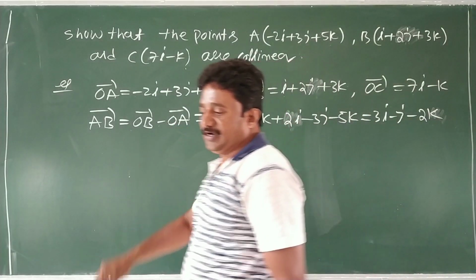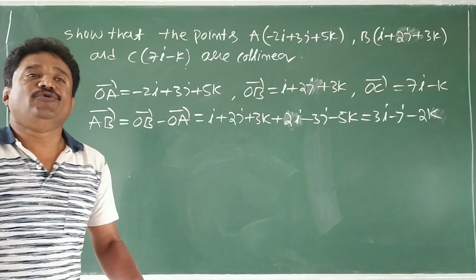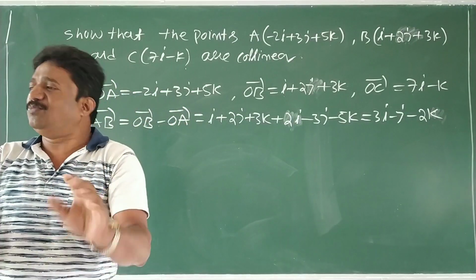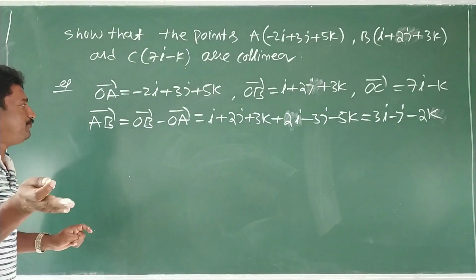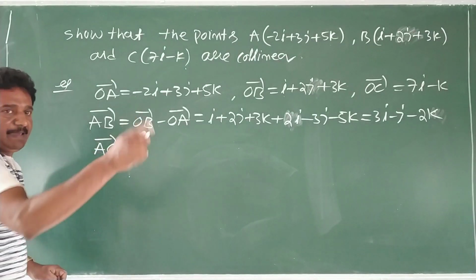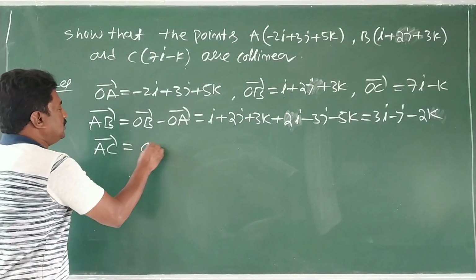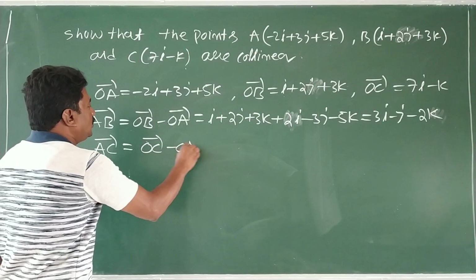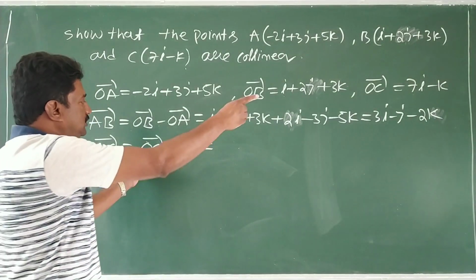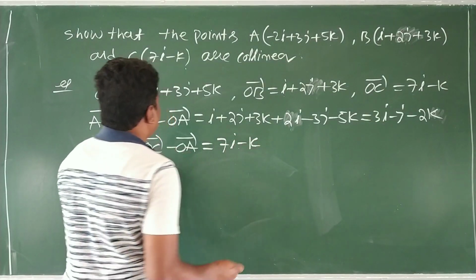So we found vector AB. Similarly, you find vector AC. You can find either vector BC or AC, both are correct. I prefer finding AC. What is AC? OC minus OA. Substitute for OC: 7i minus k.